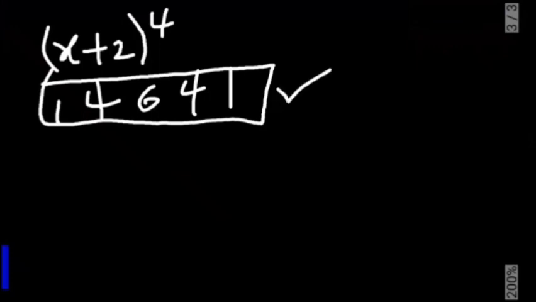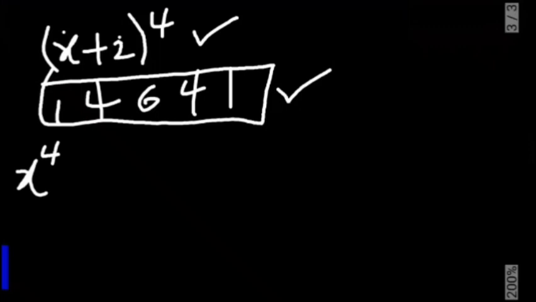So watch carefully. The first thing we do, we pick the first term. The first term is x, and the second term is 2. So we pick the first term, that is x, with the power, that is 4.